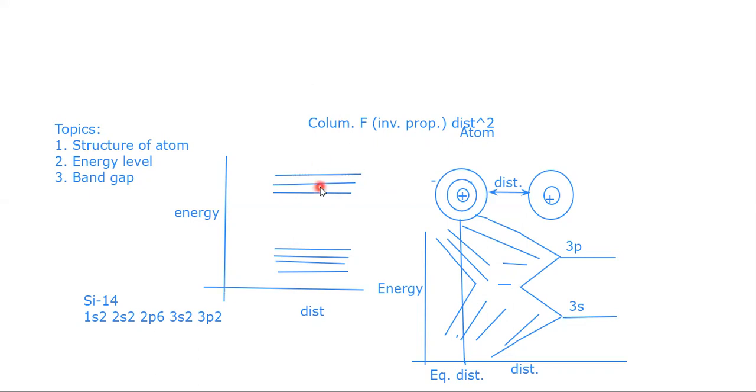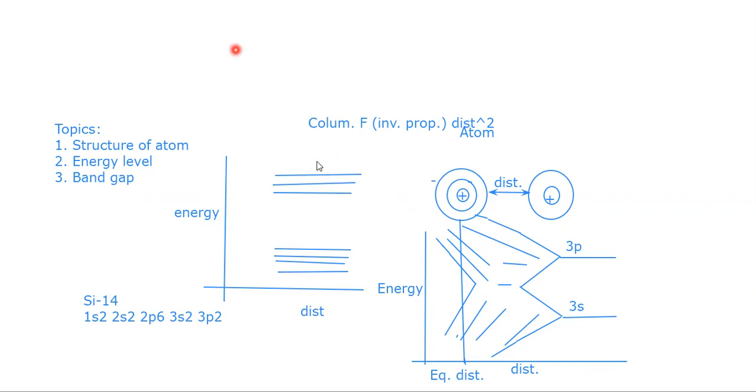At equilibrium distance you have all the energy levels from here to here, and there are no energy levels here, and from here to here there are many energy levels. Now this set of energy levels is called the conduction band. What is a band? Band means there are many energy levels which all together we call a band.